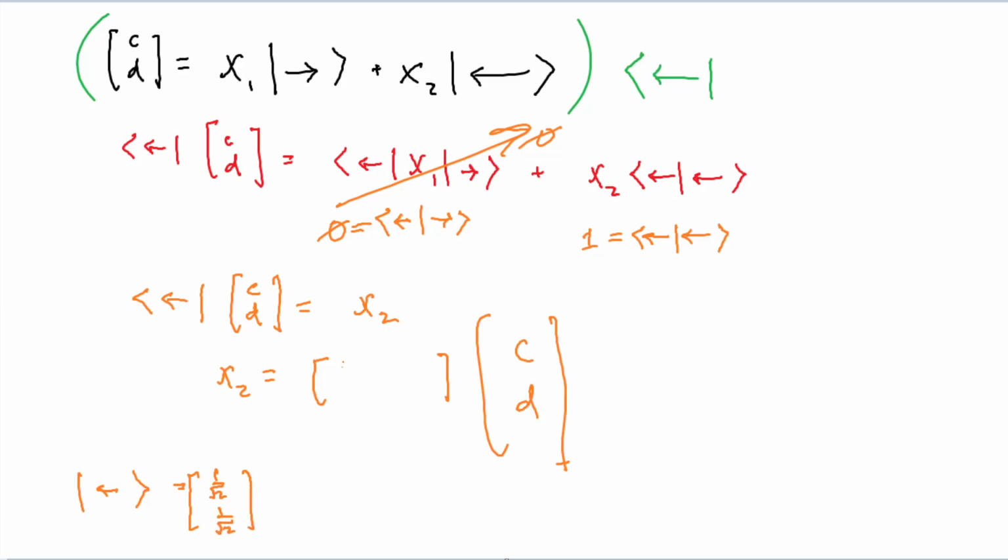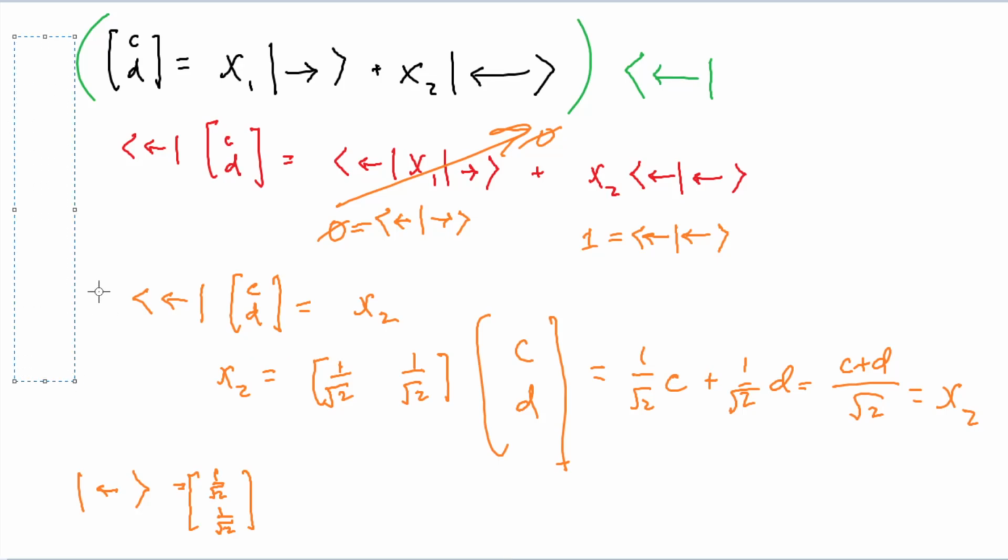Then that is simply equal to 1 over root 2 times C plus 1 over root 2 times D, which can also be written as C plus D over root 2, and that is equal to x2. And so, quite simply, we've just solved for x2 in this specific case.